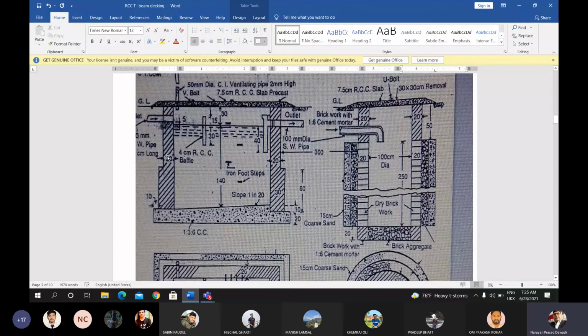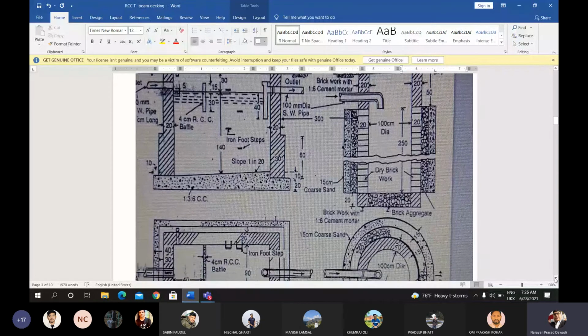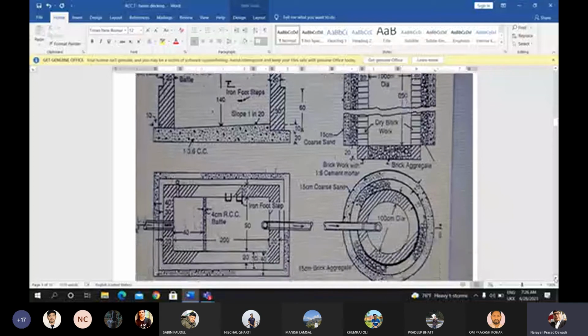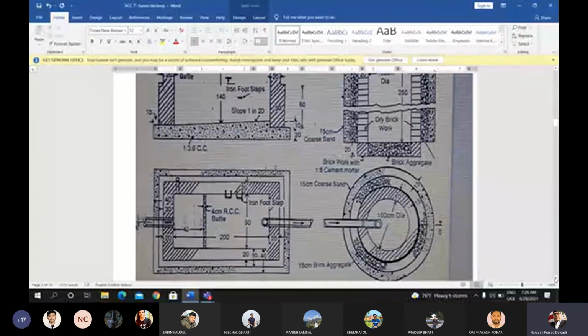That is filled up by the plain cement concrete over it, and the wall is constructed to make the box shape for the soak pit chamber as shown in the plan.